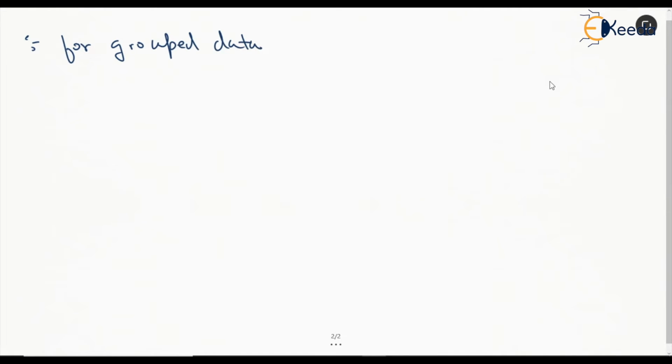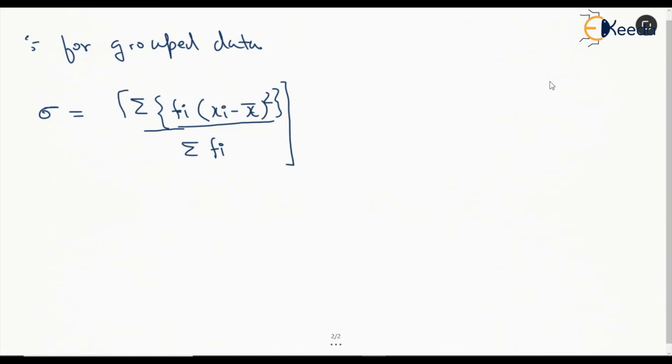For grouped data, the sigma is given by the summation of fi into (xi minus x bar) squared, divided by the sum of all the frequencies, and under root.